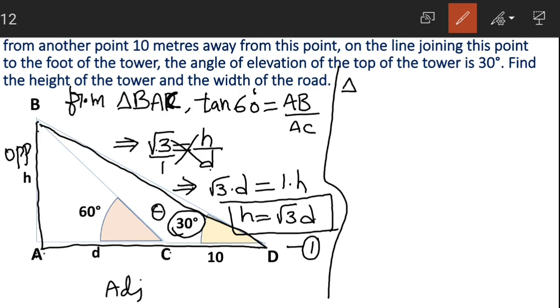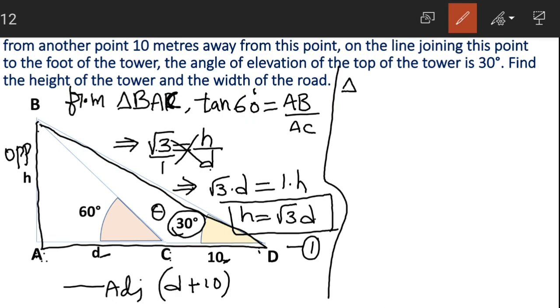Here clearly observe that AD length is nothing but AC plus CD and CD value is 10. So the adjacent side becomes D plus 10. AC plus CD becomes AD. So we get adjacent side is equal to D plus 10.